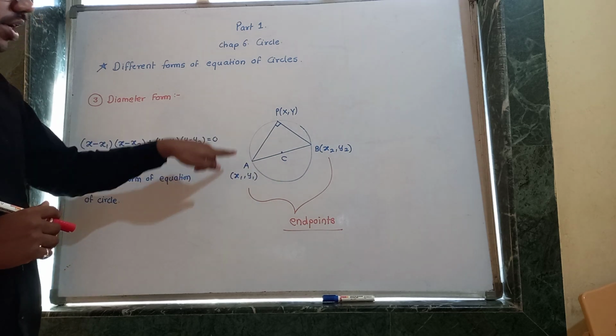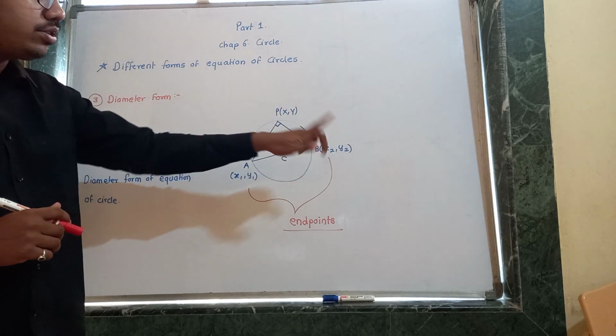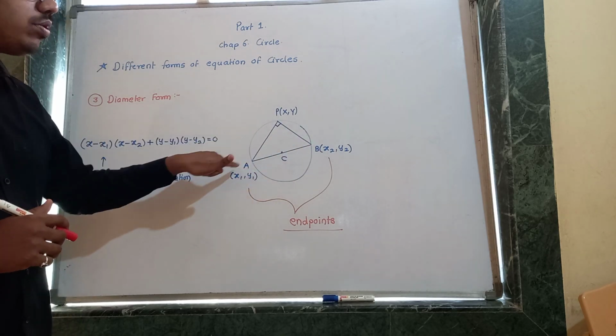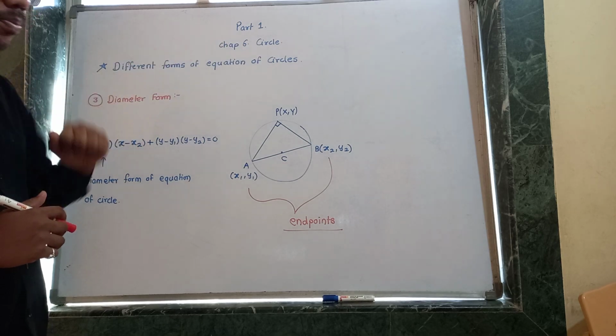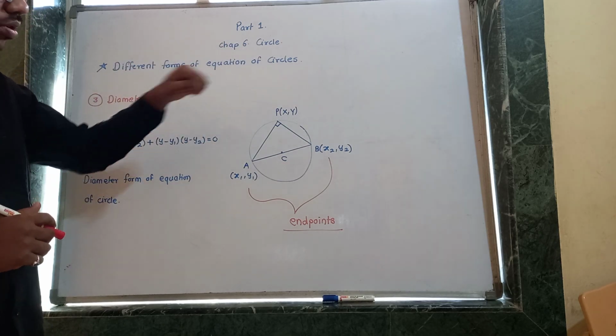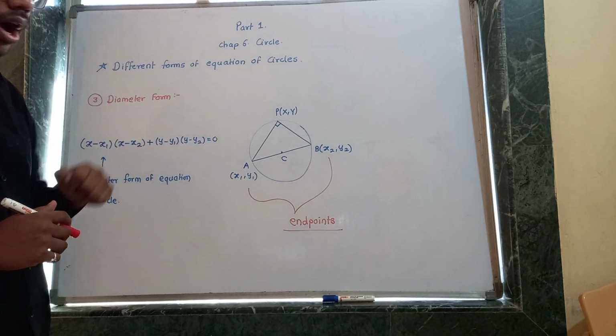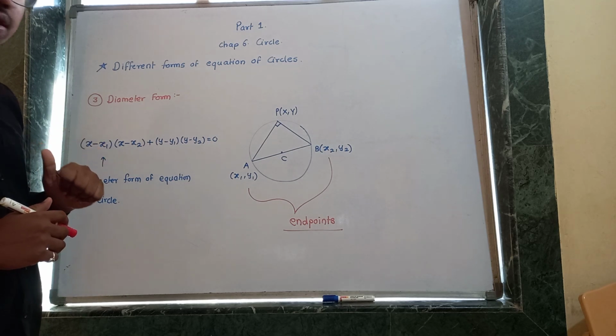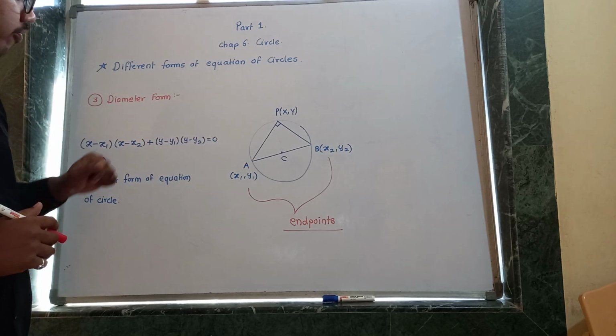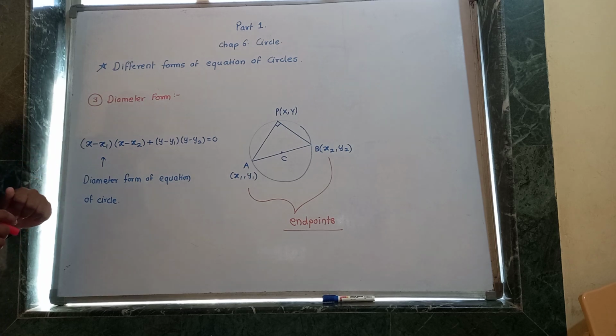I have just written x1 comma y1 and x2 comma y2 as the two end points of the diameter, and one more point P on the circumference of the circle, that is x comma y. So we have another form, and that form is called the diameter form.